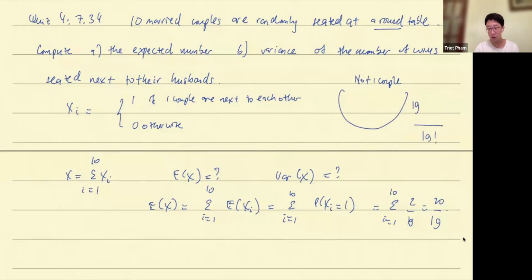But out of those 19 factorial, you must, this is the one we did before, 18 factorial ways for the couple to sit next to each other, times 2, because you can permute them. And if you check, that's also 2/19. So either way, you can argue it out. That's 2/19. All right, any question?